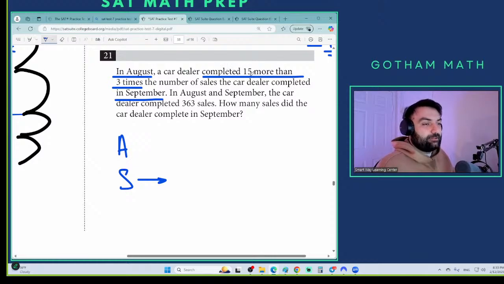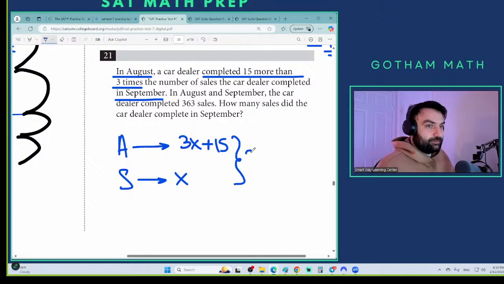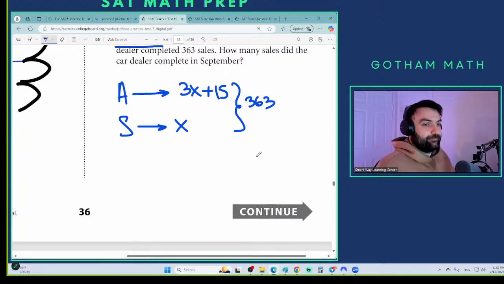August we do have a little information, 15 more than three times x, which is 3x plus 15. And now they give us the total, 363. So 3x plus 15 plus x equals 363.